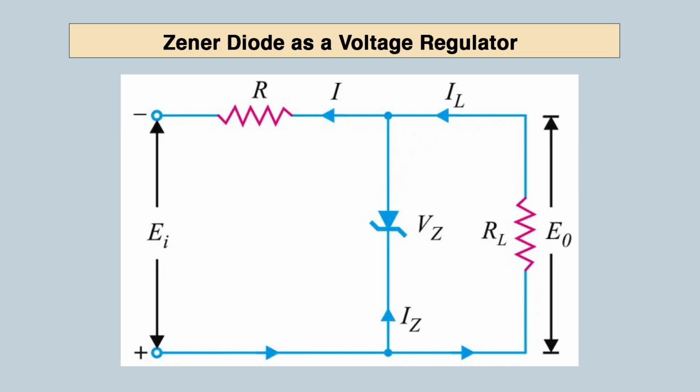So, the voltage across the Zener diode will be equal to the voltage across the resistance RL, or the load resistance. Hence, the potential difference E0 will remain constant even when there is a heavy flow or a fluctuation in the current or voltage.